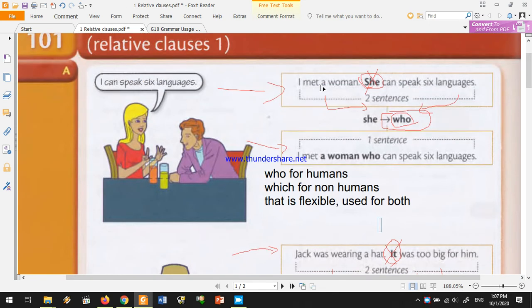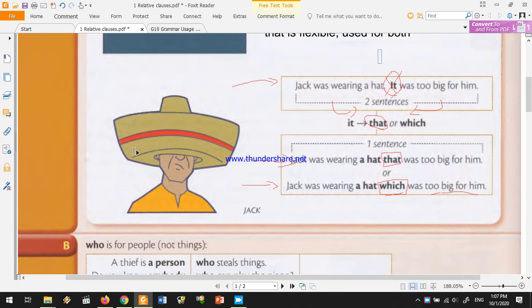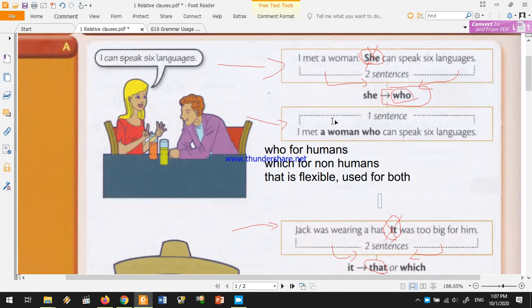So in this sentence, I met a woman. She can speak 6 languages. We can only use who. So the correct grammatical form would be I met a woman who can speak 6 languages. Or we can also use that. We can say I met a woman that can speak 6 languages. Why? Because that is flexible and we can use it with both human and non-human objects.